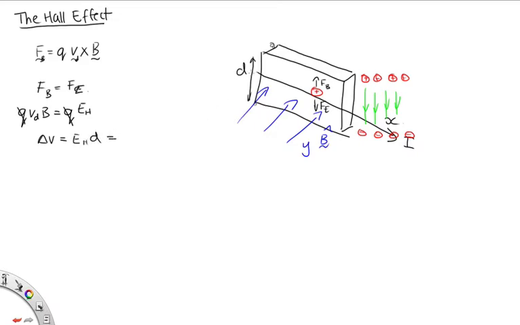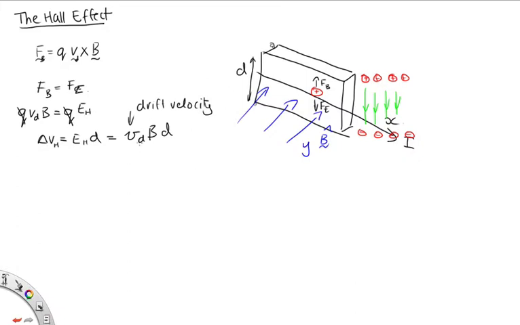So we have that the voltage difference, we'll call it the Hall voltage, is EHd, which is equal to VdBd, where Vd is the drift velocity, which comes about due to the current. So we can easily measure d, the height of our piece of metal, B, the magnetic field, that's generally what we're trying to measure, and VH, the potential between the top and the bottom.